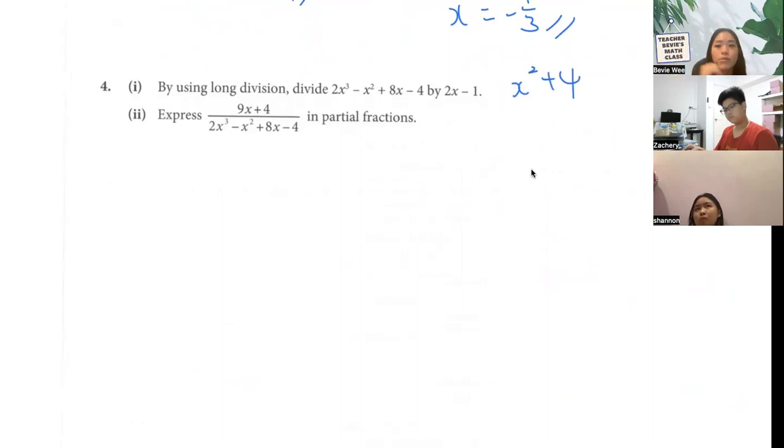Okay, and then partial fractions. Can you all tell me, first thing to check for partial fractions, very important, is what? Whether it's improper or not. Very good job.